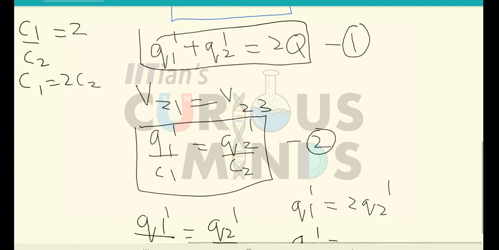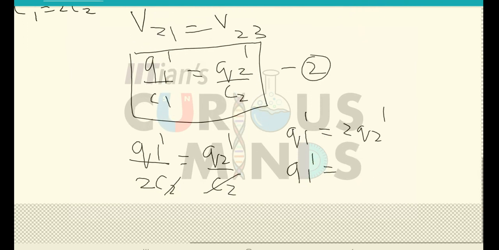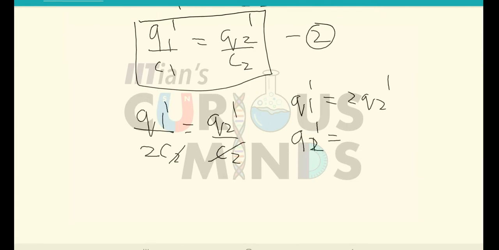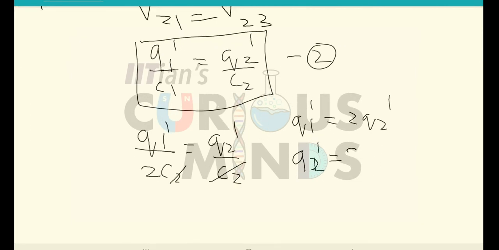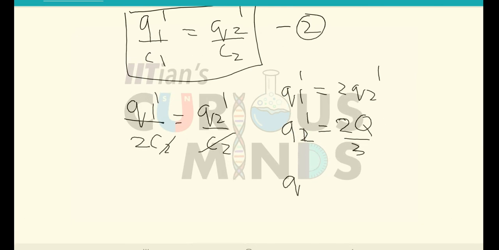If I substitute this value in equation 1, it will be equal to 2Q divided by 3. So Q2 dash will be equal to 2Q divided by 3, and Q1 dash will be equal to 4Q divided by 3. These are the total charges: 4Q divided by 3 and 2Q divided by 3.